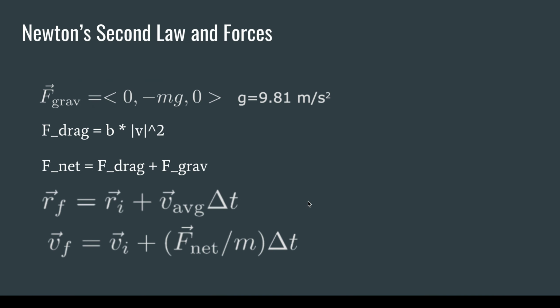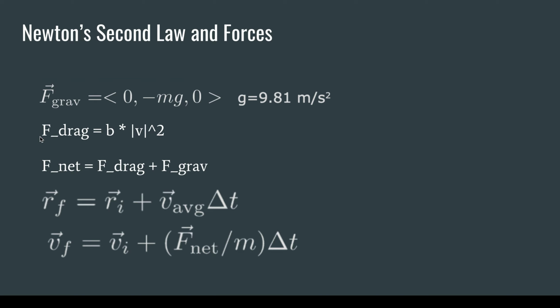So in order to make the two models, I'm using Newton's second law, or the momentum principle, which helps me find the position update formula and the velocity update formula, same as Lab 1. And then I'm also going to be using gravitational force, which is negative mass times the gravitational constant, 9.81 meters per second squared in the y direction.